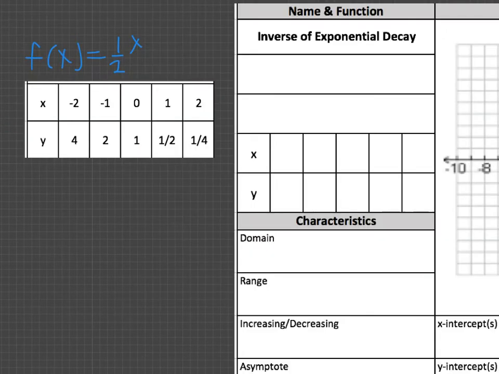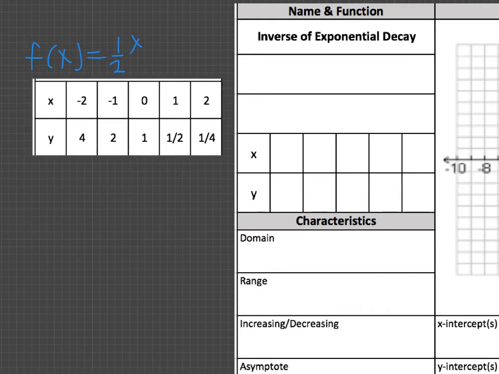Now let's look at the inverse of exponential decay. I have the function that we used for exponential decay, 1/2 to the x, and then the x and y values that we plotted. So again, we're going to just swap the x and y values to come up with x and y values for the inverse function. So the y values that we will use are -2, -1, 0, 1, and 2.